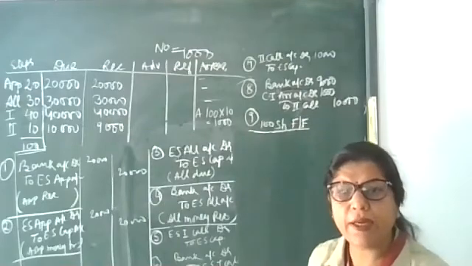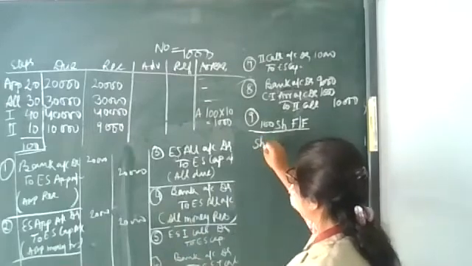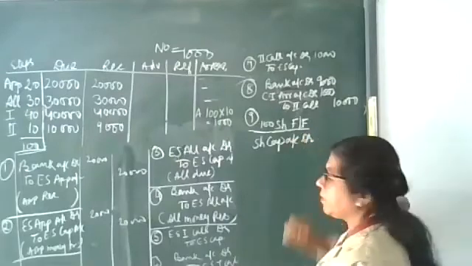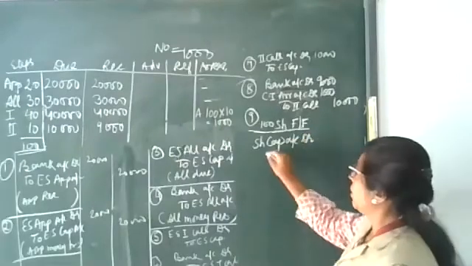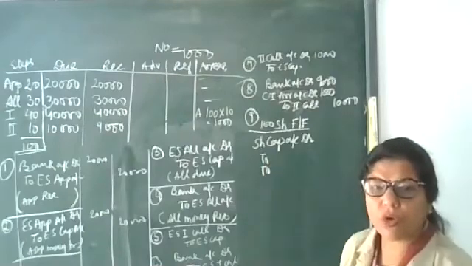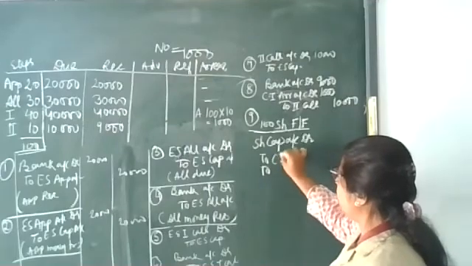Now what will be the entry? Entry is also fixed. Share capital account debit, to calls in arrears.